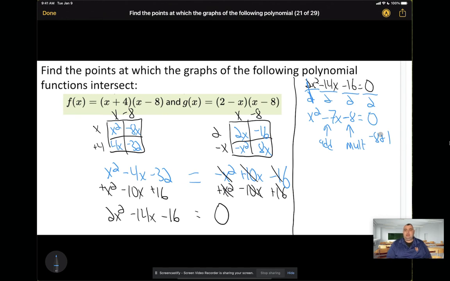Negative 8 plus 1 is equal to negative 7, and negative 8 times 1 is equal to negative 8, which means my factors are going to be x minus 8 and x plus 1. So now I can set each of these equal to 0, which means here, if I use that switching sign trick, x is going to be equal to 8, and x is going to be equal to negative 1.